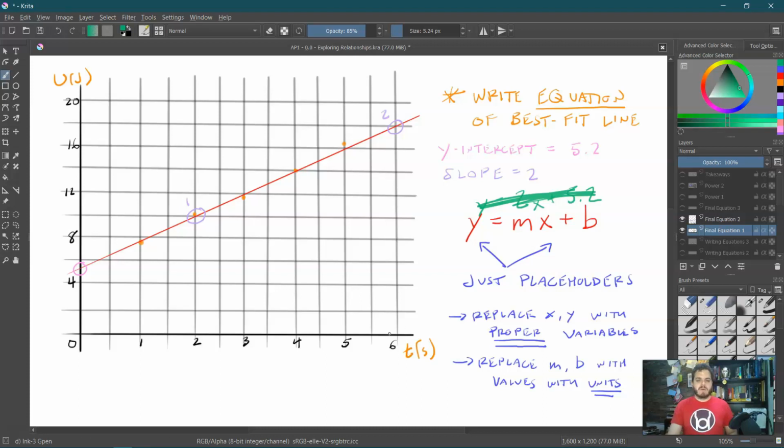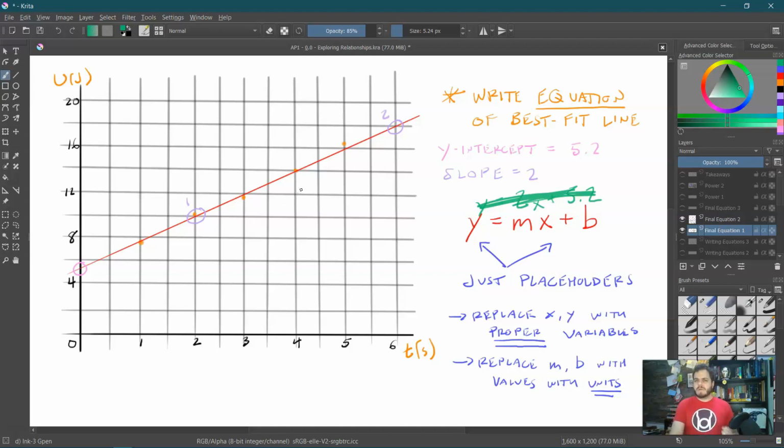So specifically, I will replace x with t, and I'll replace y with u. Additionally, while it was good to put in 2 for the slope and 5.2 for the y-intercept, I want units, no naked numbers. Now, the units for the y-intercept are easy. It's this unit capital J. You may or may not know what that stands for. It stands for joule, but we're just going to say J right now.